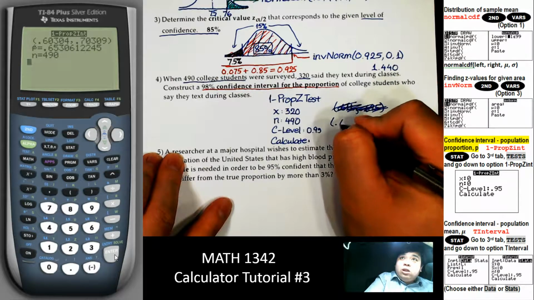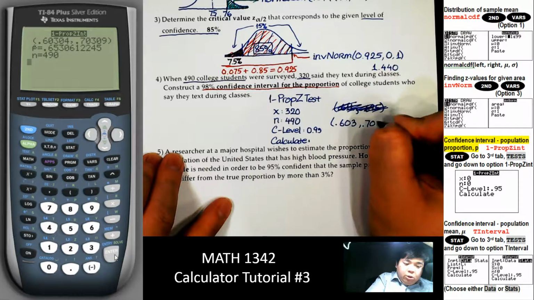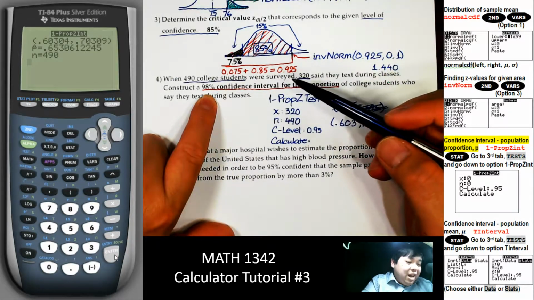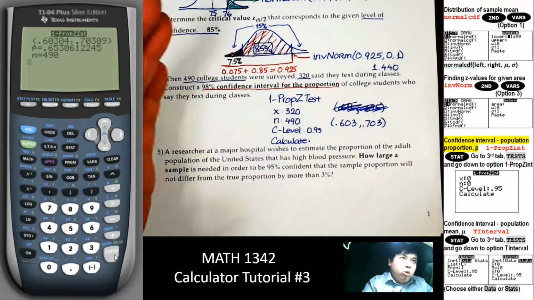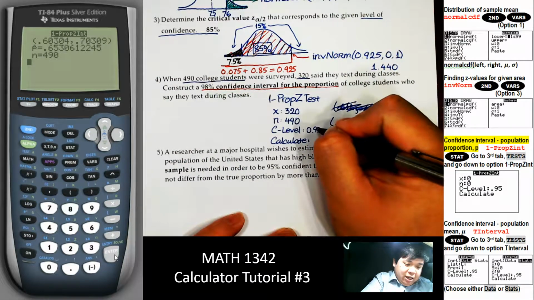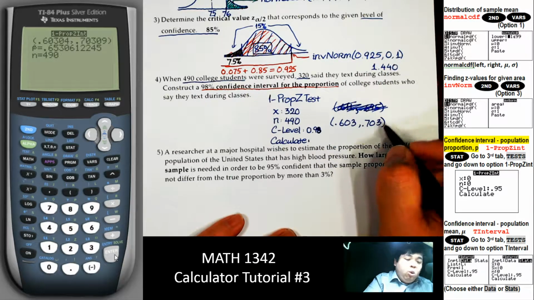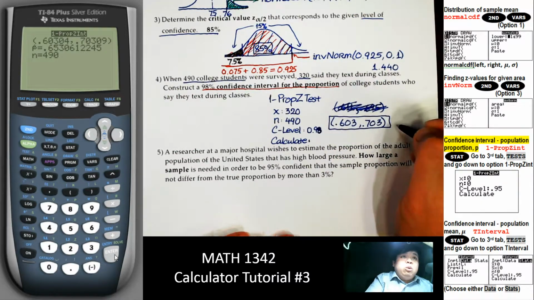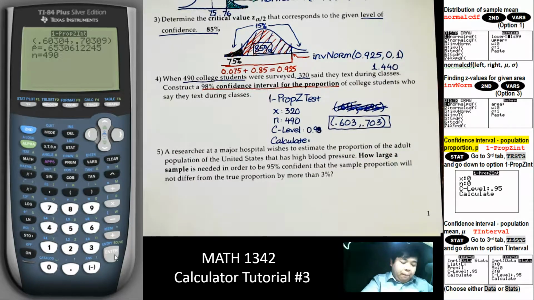So we have 0.603 and 0.703. So as you see, the bigger the percent on the confidence interval, we're going to have the bigger interval. The range of the numbers will be wider. Anyway, so between 60.3% and 70.3%. Yeah, the answer will be just an interval of numbers between two numbers.